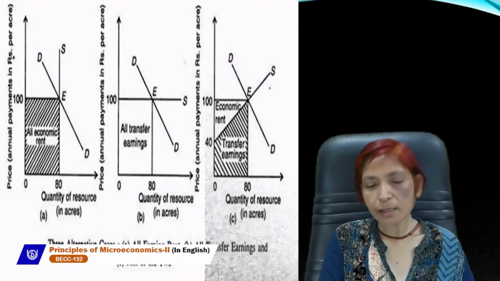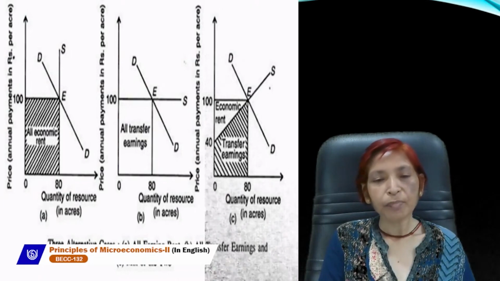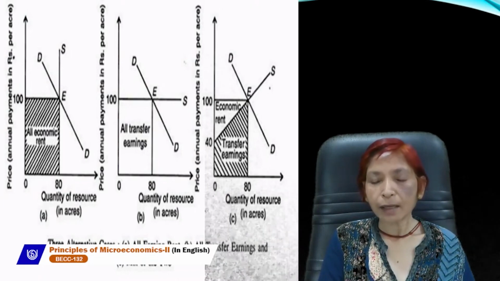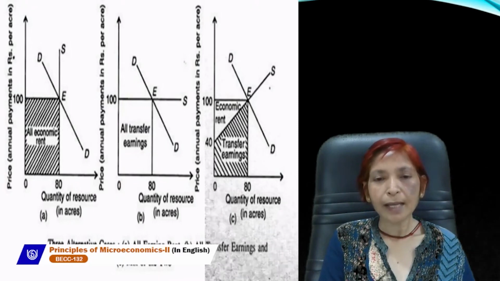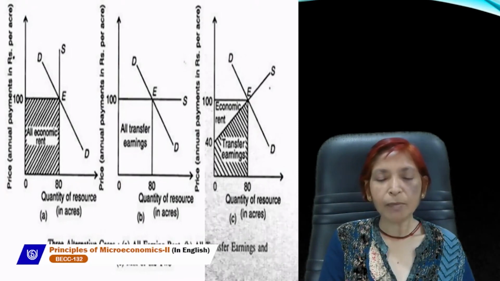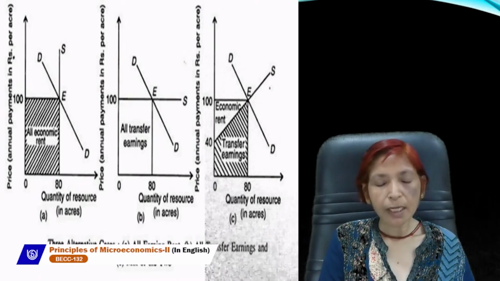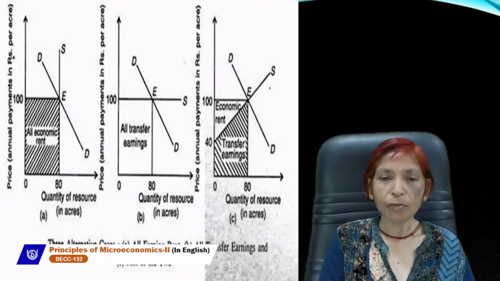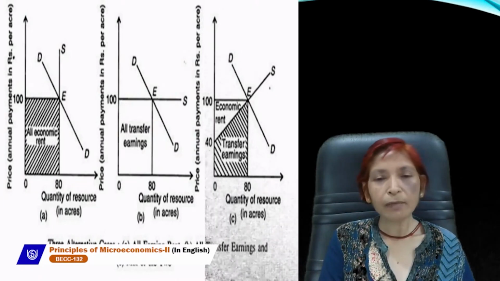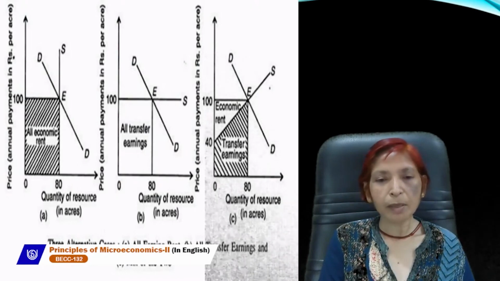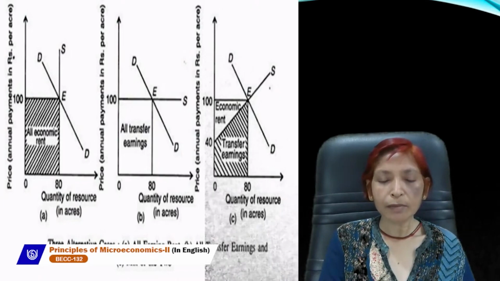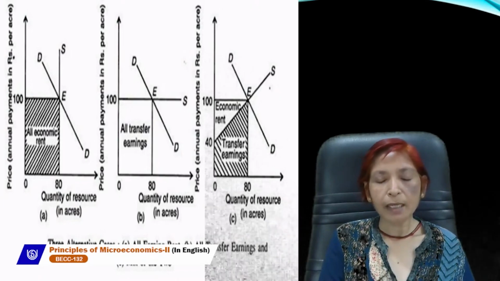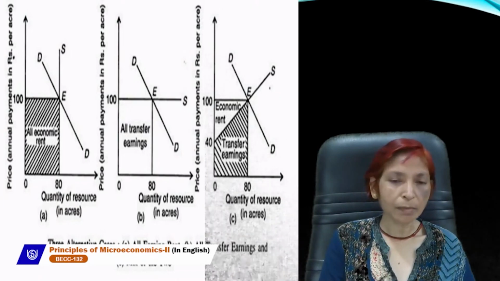And in the third case, in the C diagram, when supply is neither perfectly elastic nor perfectly inelastic, in that case, the supply curve will be an upward sloping curve and the demand curve will be a downward sloping curve, where both curves intersect each other. The equilibrium point is determined. At this equilibrium point, quantity will be determined and equilibrium price will also be determined.